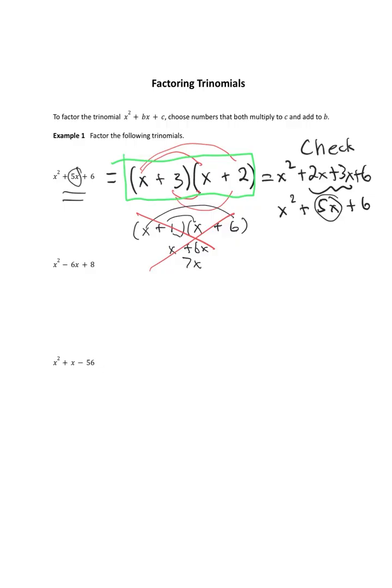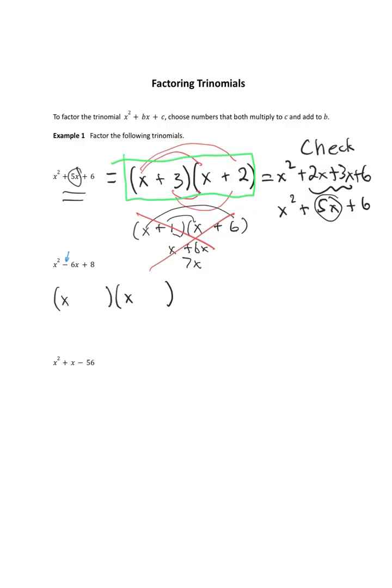So let's do kind of the same thing here for the x squared minus 6x plus 8. So get my framework. I see an x and an x to get the x squared. Now 8 could be 1 and 8 or 2 and 4, okay? Also, notice that the middle term is negative.